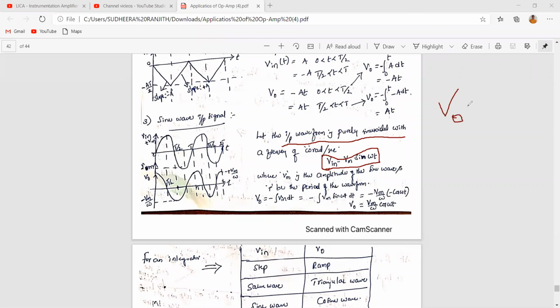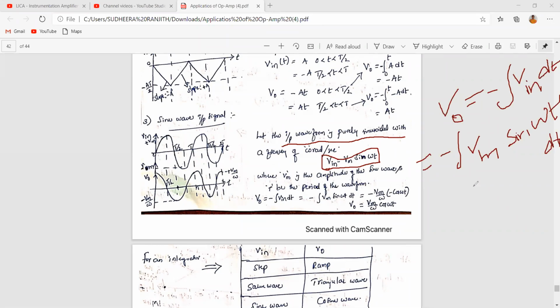Then find the integration, minus of Vin dt. That means minus of Vm sin omega t dt.